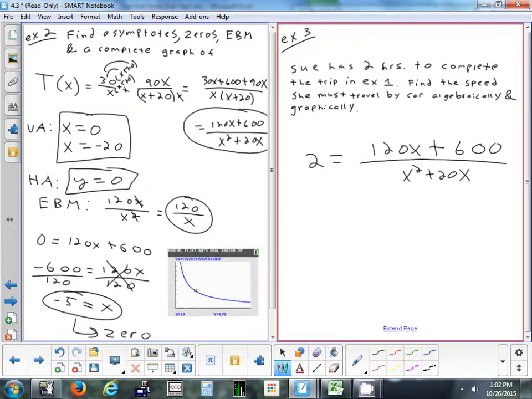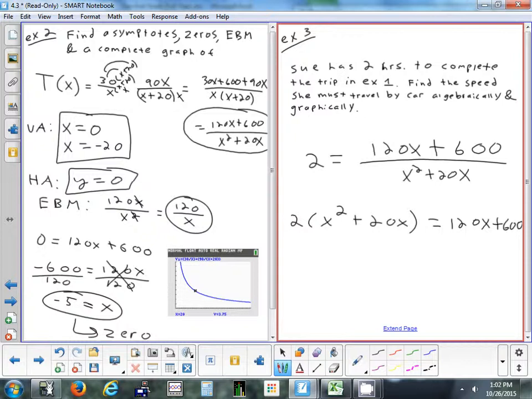All right, so to solve that, first thing I want to do is get this denominator on the other side. On the right, we've divided by it. Tom, how would I undo dividing by this denominator and put it on the other side? Multiply. Yeah, we're going to multiply by it. So on the left, I'm going to write 2 times x squared plus 20x equals 120x plus 600.